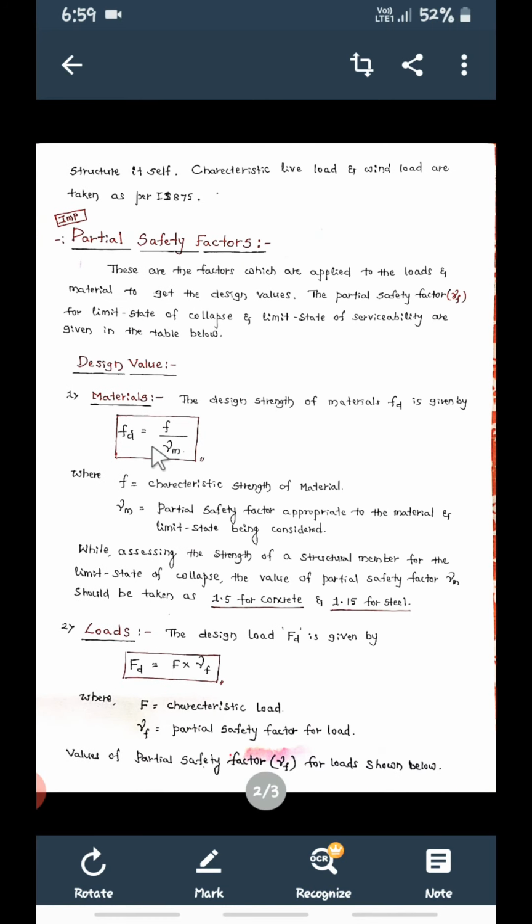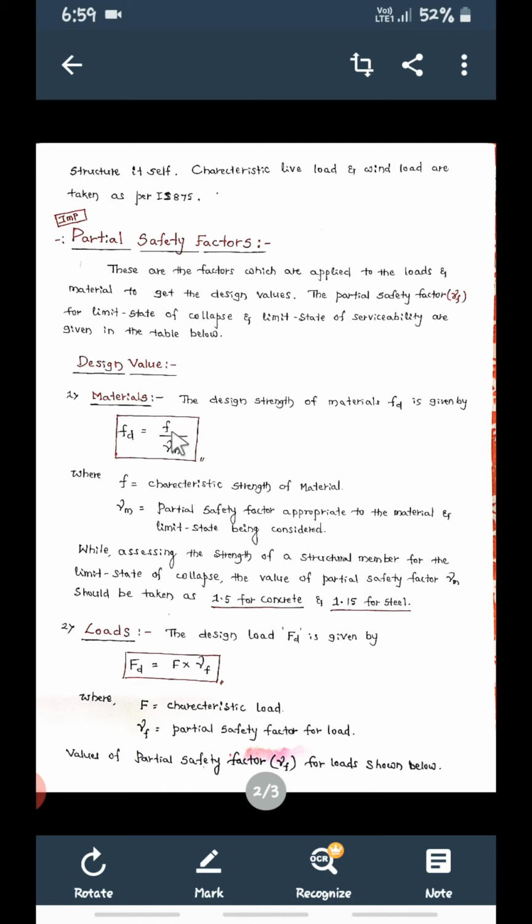Now suppose I want design strength of concrete. So design strength of concrete FD is equal to characteristic strength of concrete FCK divided by gamma M. F is characteristic strength. You can write FCK or Fy.